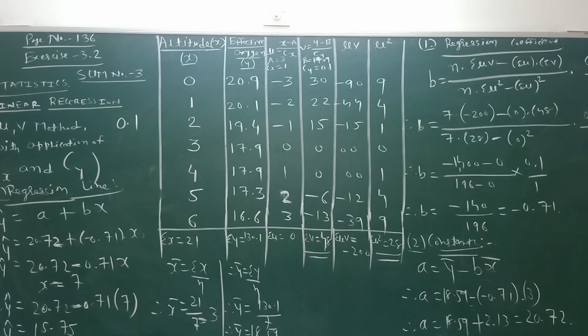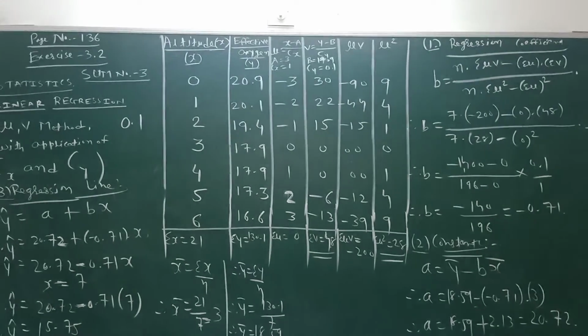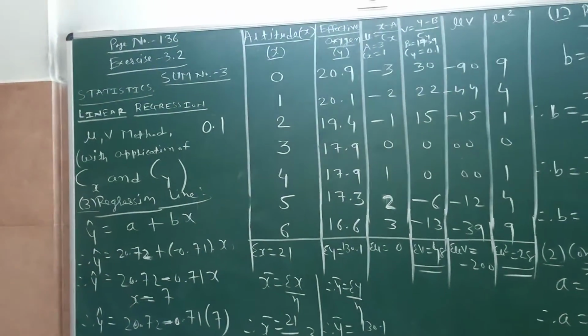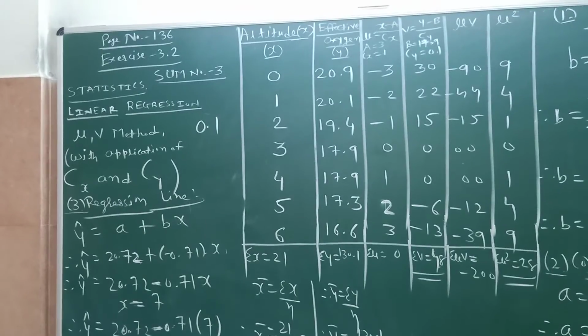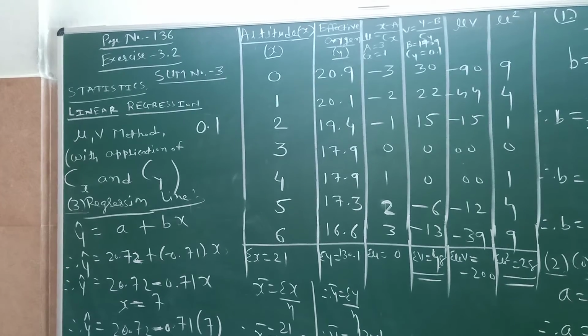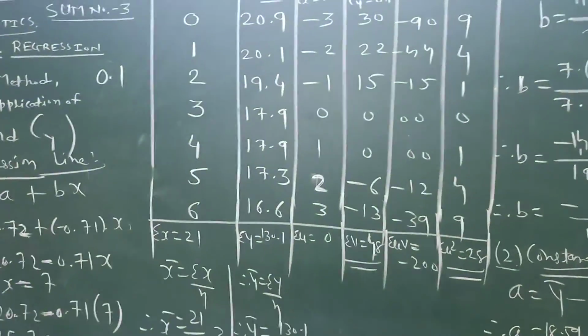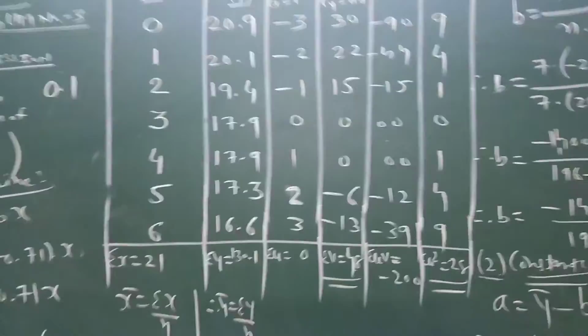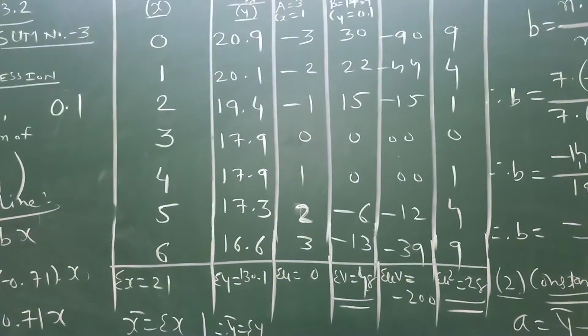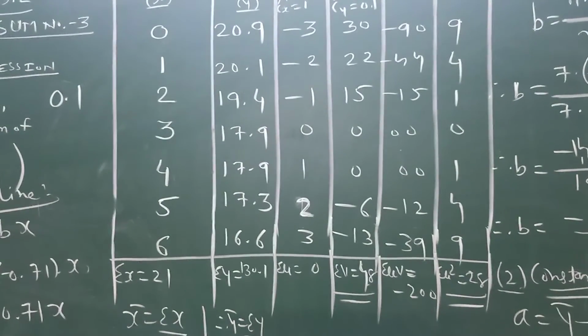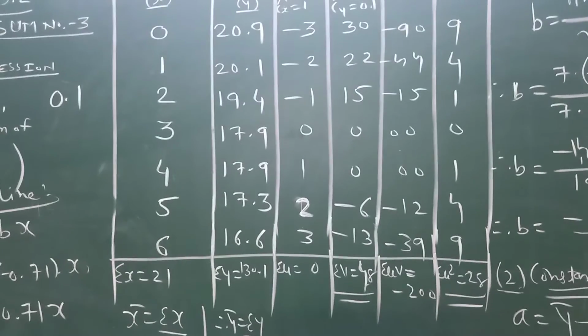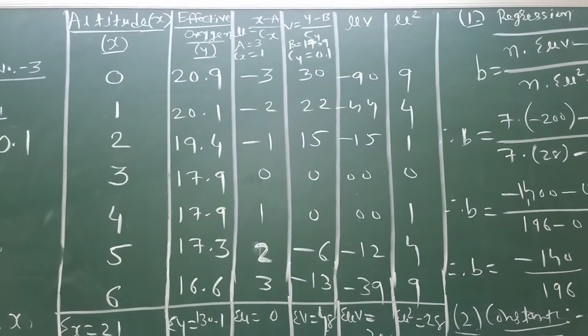Students, now we take a fast recap of the whole sum. The sum is before you. Exercise 3.2, page number 136, UV method with application of Cx and Cy. Two columns are provided, x and y. First we find x bar and y bar. The y is in points, so immediately we decide that we apply the UV method.